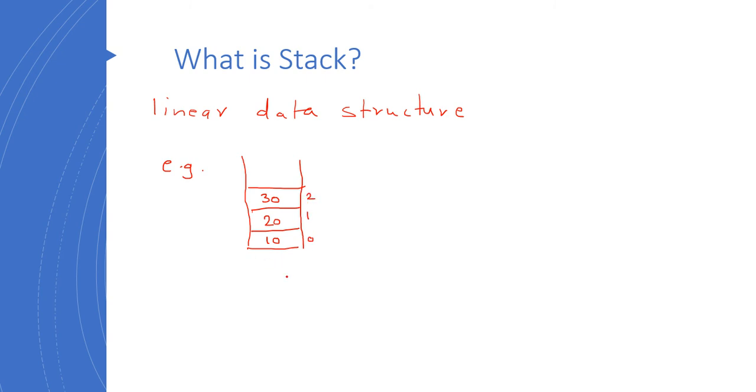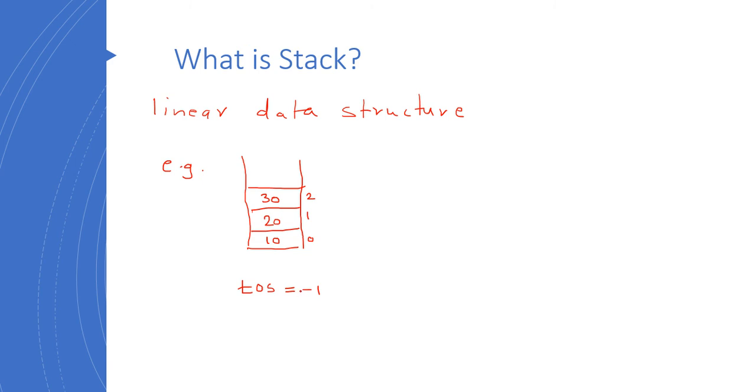There is one most important concept in stack which is called top of the stack, which is initialized as -1. So whenever the top value is -1, we can say that there are no elements on the stack. That means the stack becomes empty.